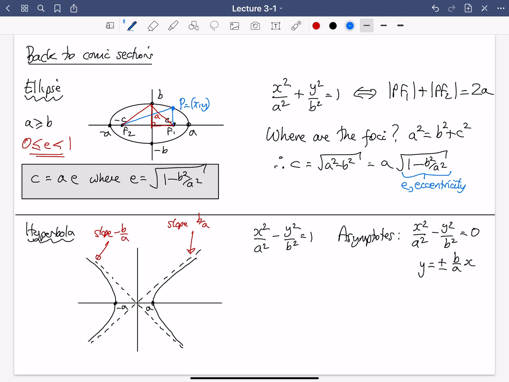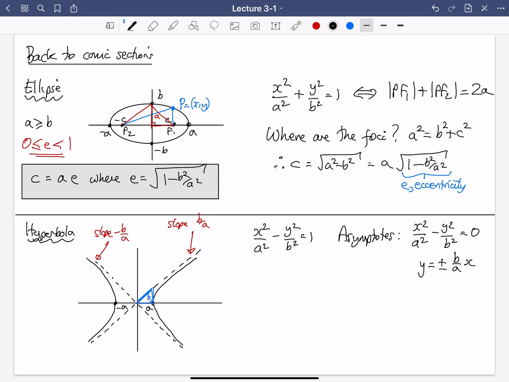So the upshot of this little calculation is that, that's a, right? So the height of that right angle triangle going up to the asymptote must be b, so that the slope of that line, rise over run, is b over a. So that's how you can see b in the graph of the hyperbola. It tells you the slope of that diagonal asymptote.